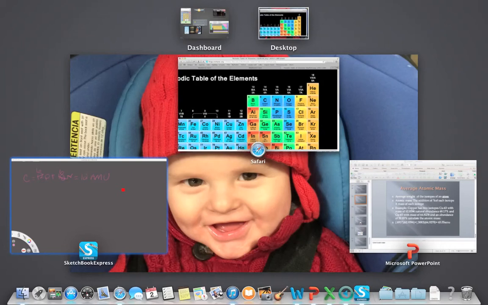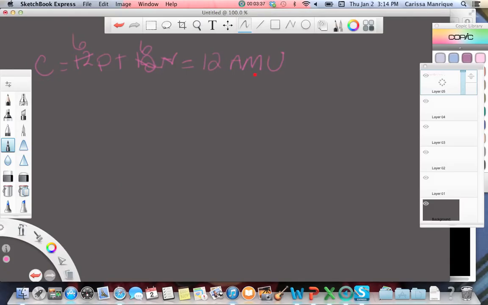So this is the calculation for carbon 12. But if we look at carbon 13, we would still have 6 protons because that's what makes up a carbon. But this time we would have 7 neutrons.